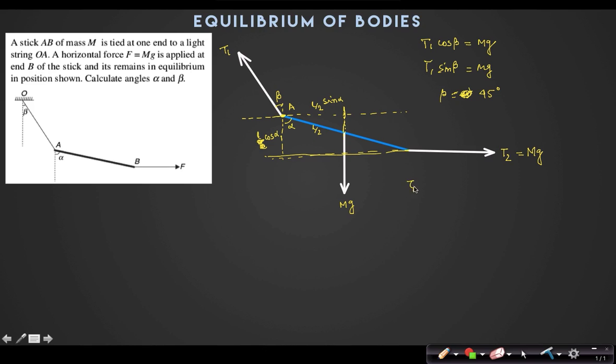So can I take torque about A to be 0, which will give capital mg into L cos alpha equal to capital mg into L by 2 sin alpha?